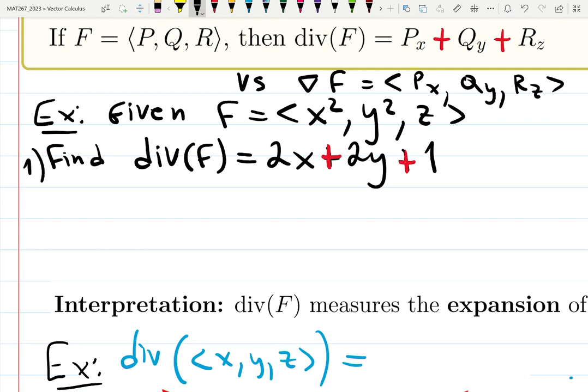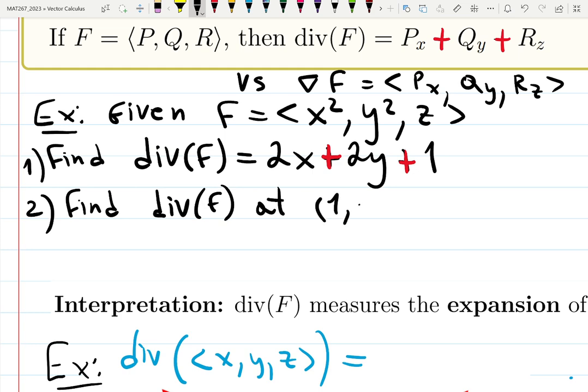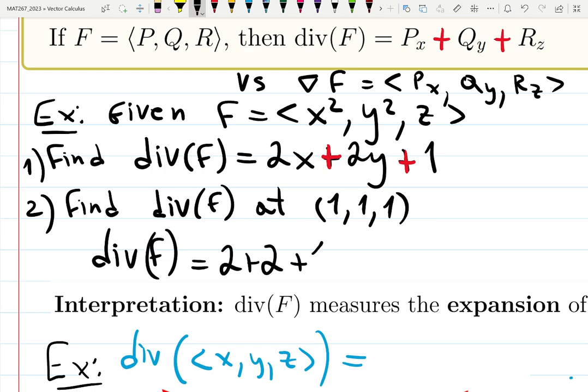Find div of F in general, and then if I want a number, find div of F at the point 1, 1, 1. Then, guess what? You plug in. It will be 2 plus 2 plus 1, which is 5.